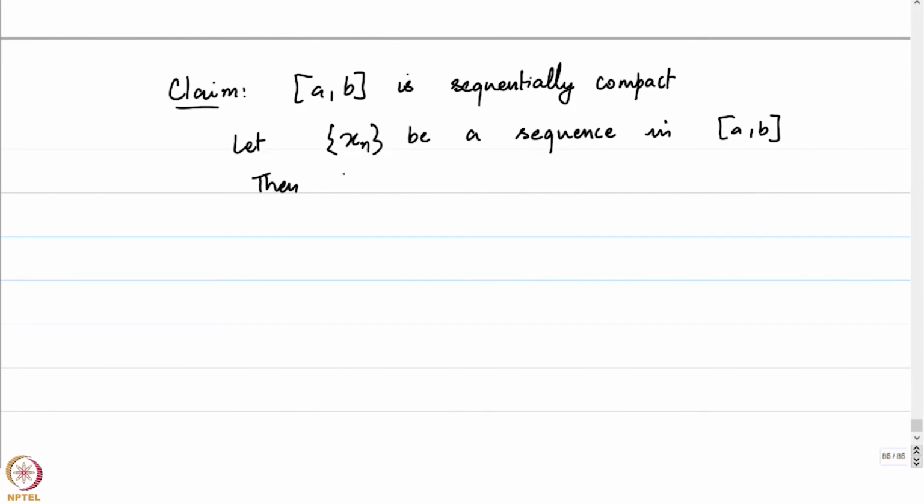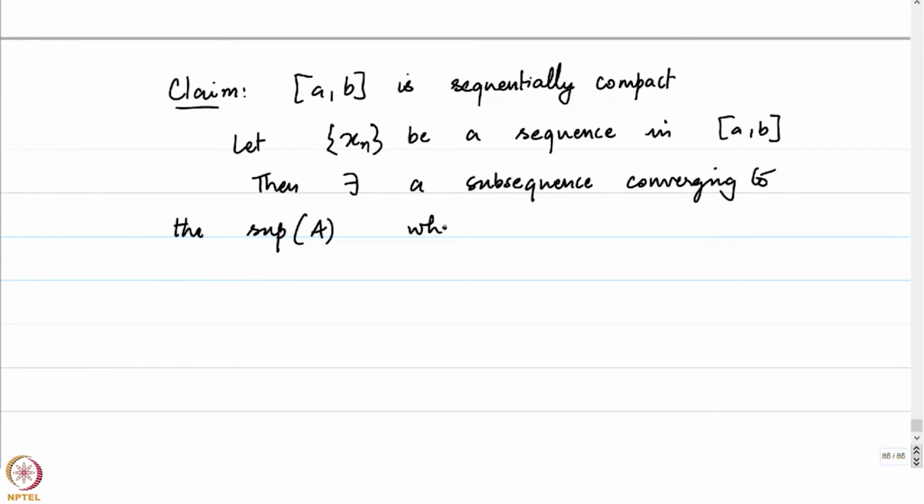Then there exists a subsequence converging to the supremum of A, where A is the set consisting of all elements in the sequence.